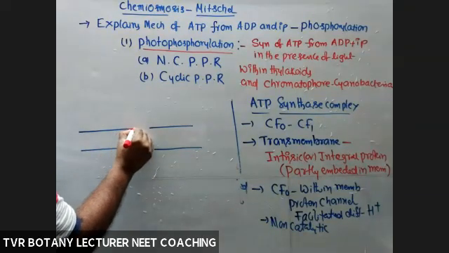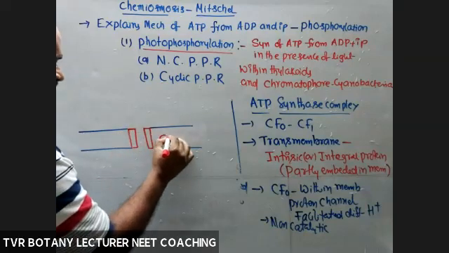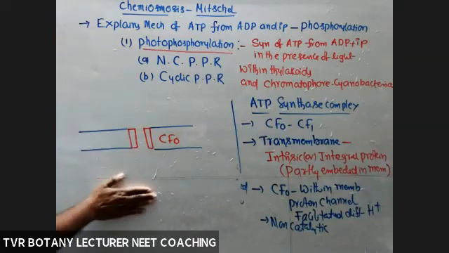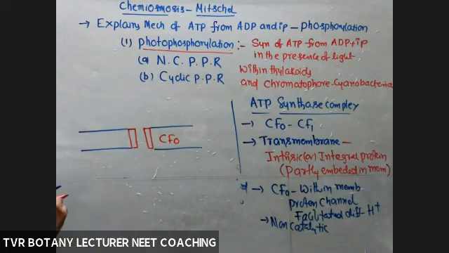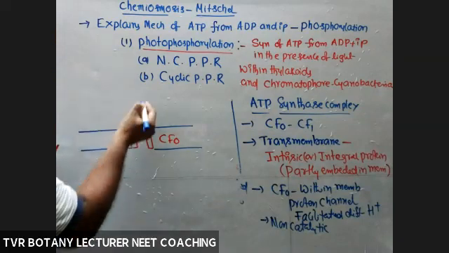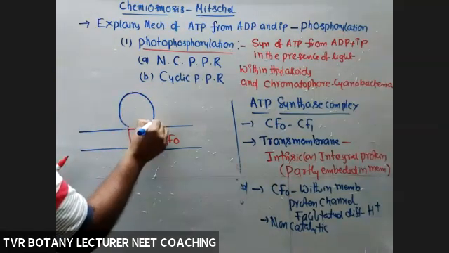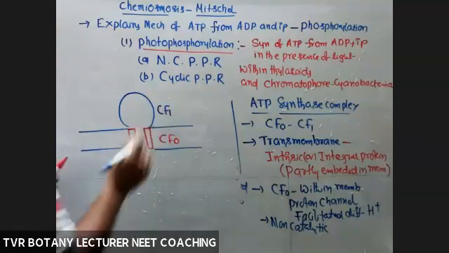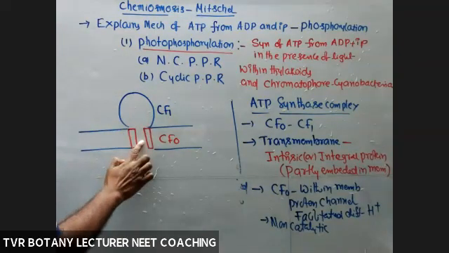So this one is CF0, completely inside the membrane, not exposed to stroma. For example, this is stroma, lumen within the thylakoid membrane. Okay, right? Next, the upper part, this one is head part. So this one is CF1. So CF0, CF1. So this is non-catalytic part, catalytic part.